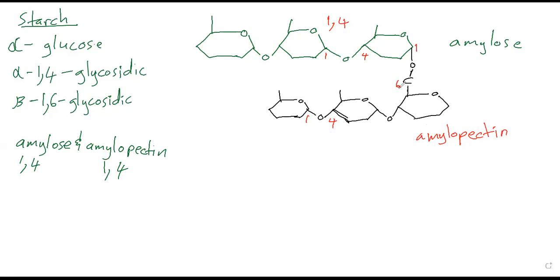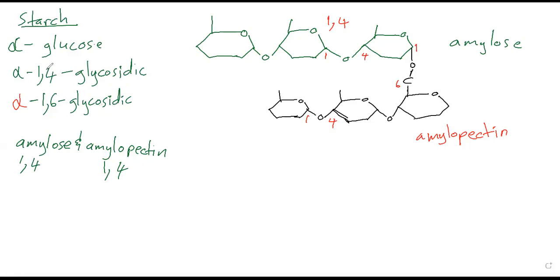So if they ask you for the bonding in starch, you say 1,6. But if they ask you to list all of the bonds, it would be 1,4 and 1,6 in starch. Hold on, why do I have beta there? Sorry, that's not beta, it's alpha. So the main bond we talk about in starch is 1,6.